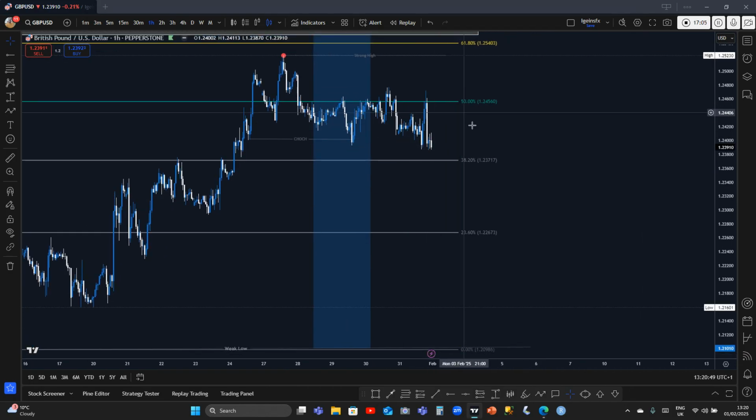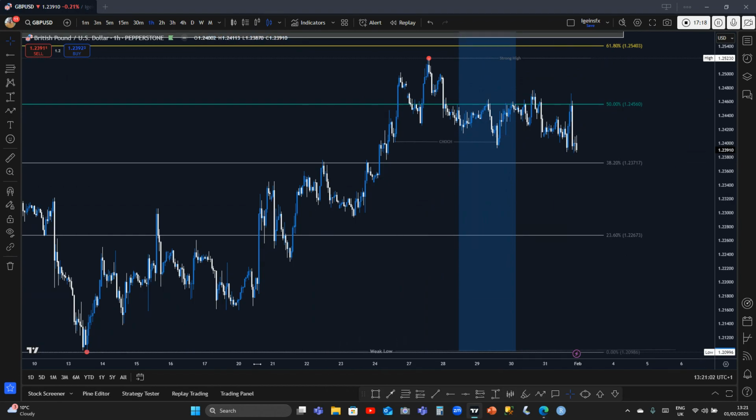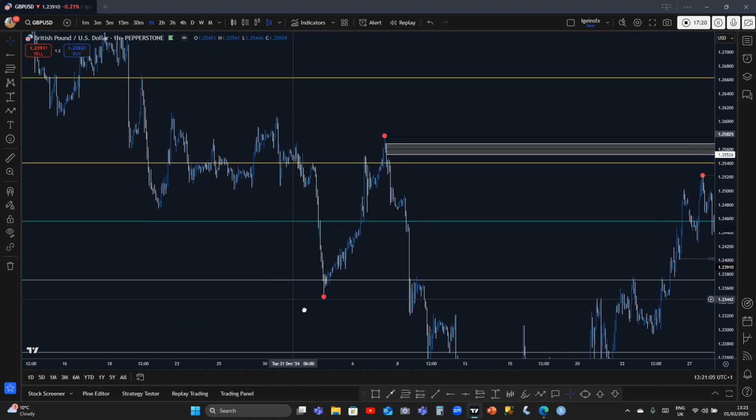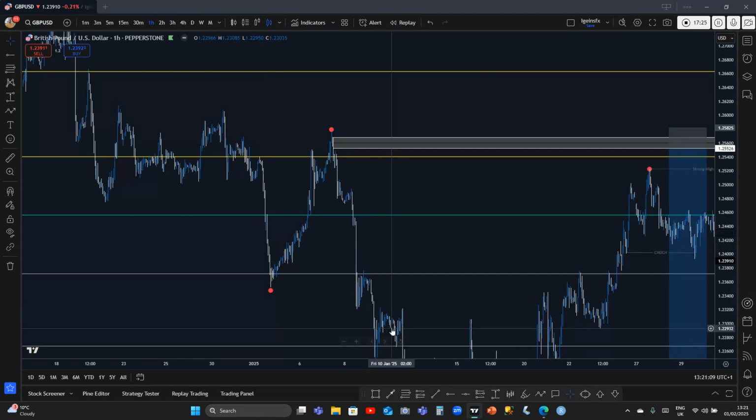a clear entry. At this point, we are now trading between 50% and 38.20. That is the major structure from this level down to this level.